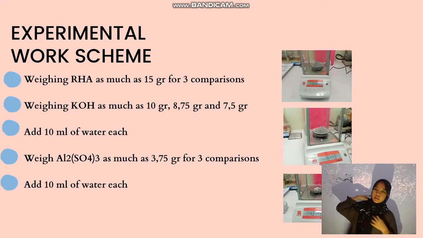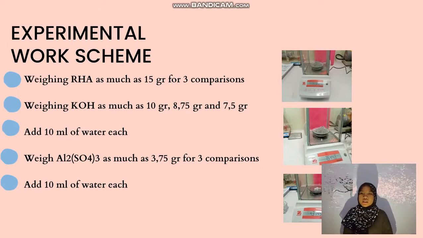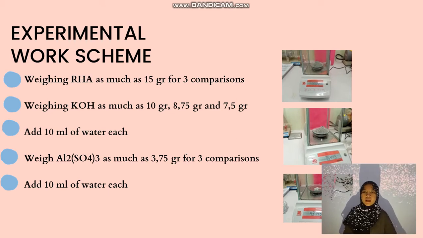Experimental work scheme. First, weigh RHA as much as 15 grams for 3 comparisons. Next, weigh KOH as much as 10 grams, 8.75 grams, and 7.5 grams.